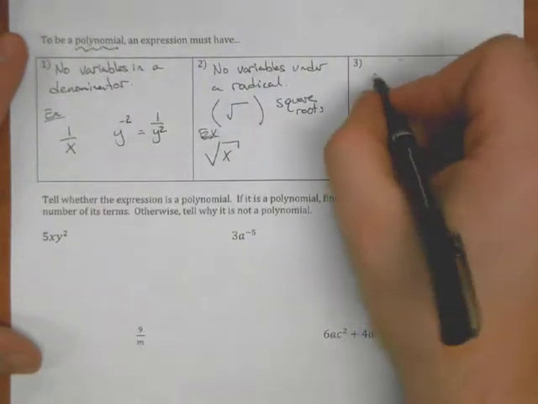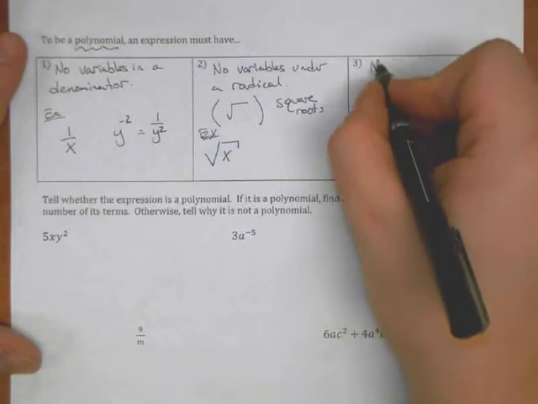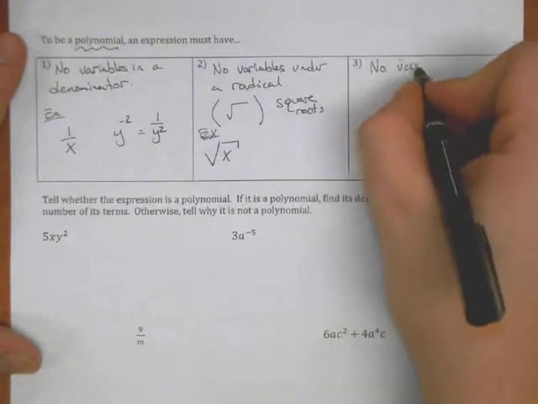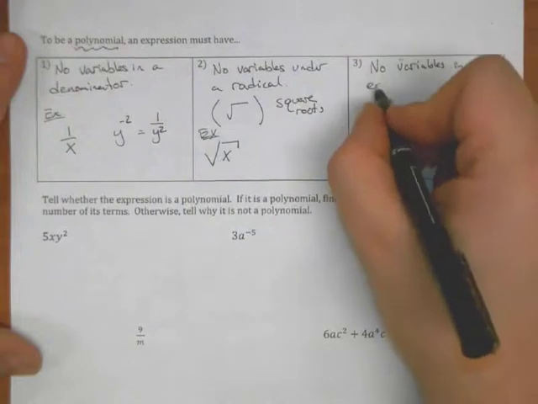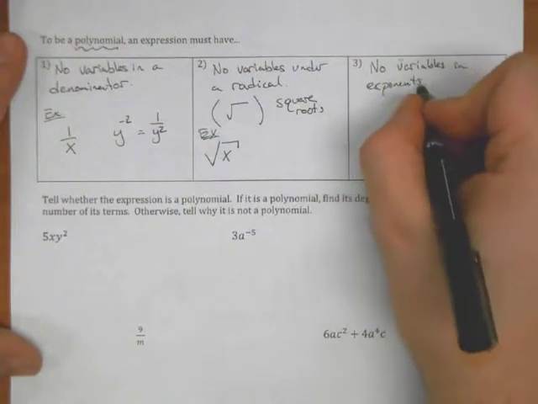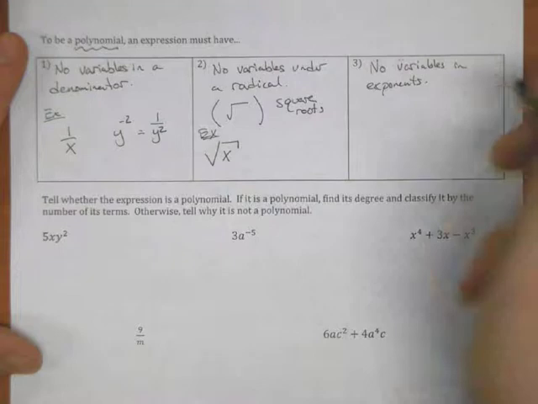The last one is equations that we saw last chapter. So we also can have no variables in exponents. These functions are called exponential functions, which is what we studied in chapter 8. Those are not polynomials.